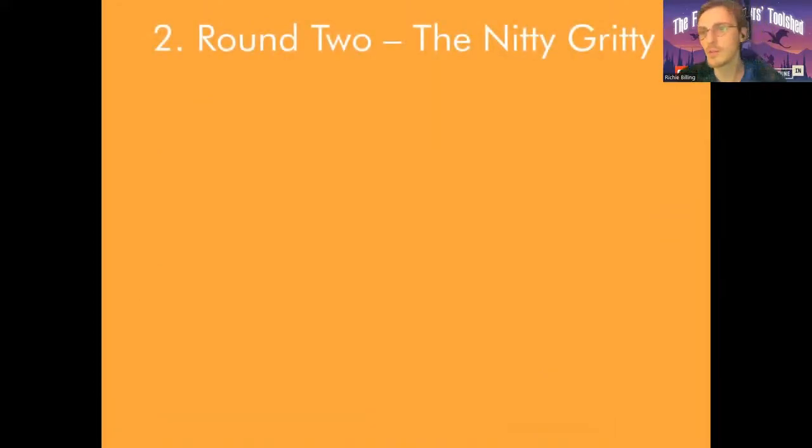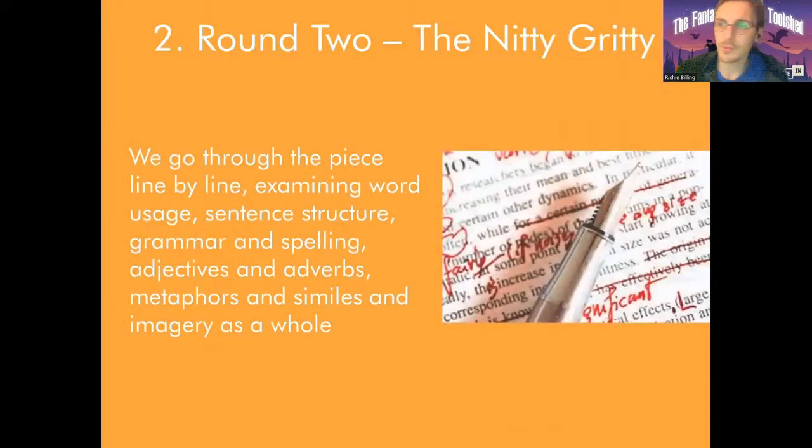Let's move on to round two. Round one's obviously the biggest and the most technical part, because it's more analytical. We're getting into the nitty gritty now, and the rules are a bit easier to follow, and we can work through a bit of a checklist and check things quite objectively. This is the stage where we go through the piece line by line.